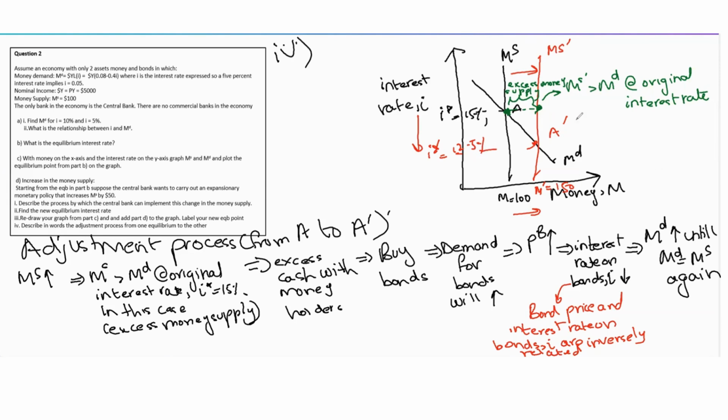And how will that happen? That will happen because now there's excess cash with money holders, which they'll use to buy bonds. Demand for bond increases, price of bond increases. And because price of bond and interest rate on bond are inversely related, interest rate on bonds will go down. And as interest rate on bonds goes down, money demand will increase until money demand is equal to the new money supply and will come at point A prime. So this is how the adjustment process will work.